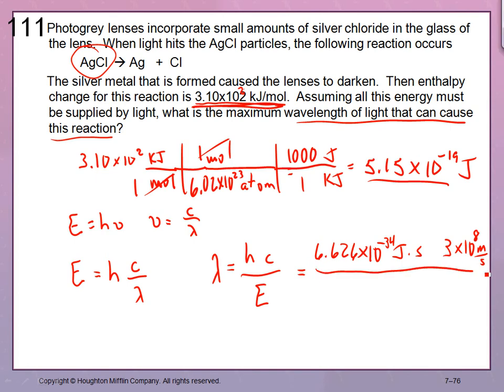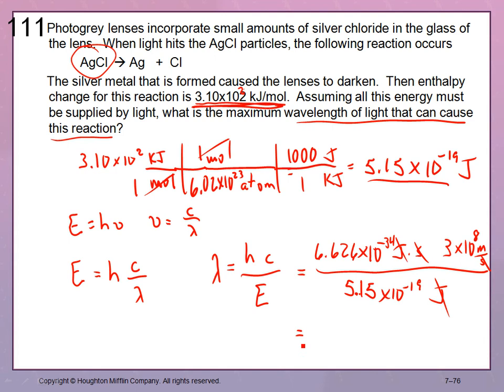And energy is 5.15, we just calculated that up above, 5.15 times 10 to the negative 19 joules. So my joules are going to cancel, my seconds are going to cancel, and I'm going to be left with my wavelength in meters.